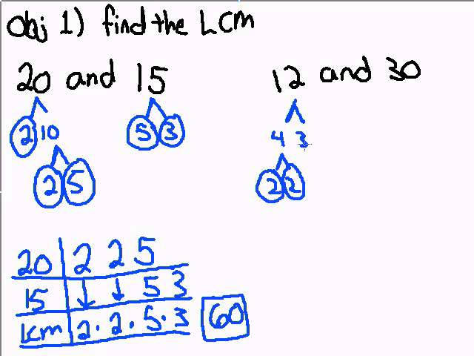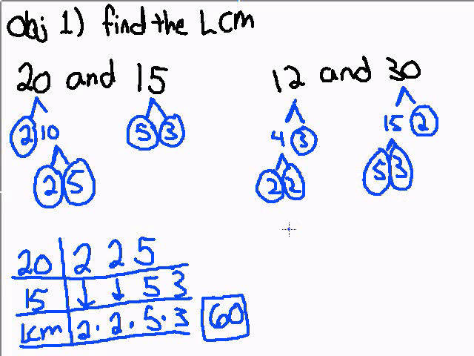You could have factored that out differently, but just make sure that you have a 2 and a 3. 30 was 15 and 2. 15 was 5 and 3. So you wrote your numbers, 12, 30, and the LCM.